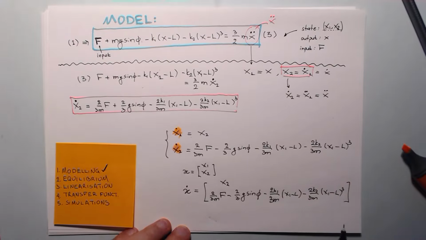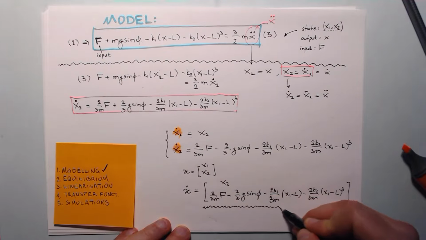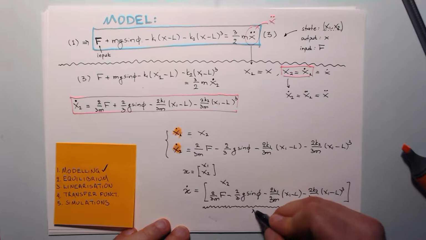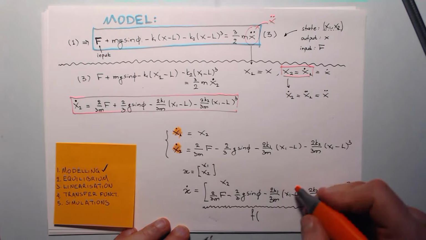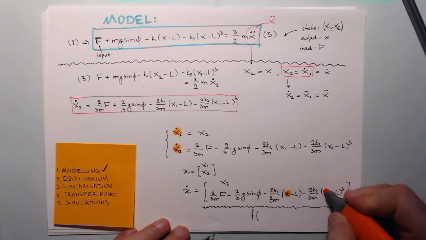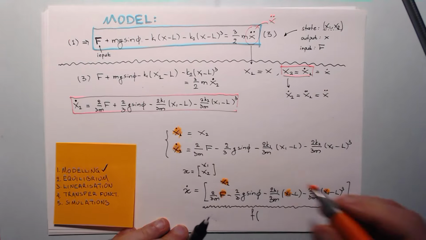So that right hand side, which I just copied from above, and what you see here actually is nothing but a function. Let's call it f. So the right hand side is nothing but a function f, which depends on what? It depends on x1 and x2. So again, let me highlight that. It depends on x1, it depends on x2, and it also depends on f.